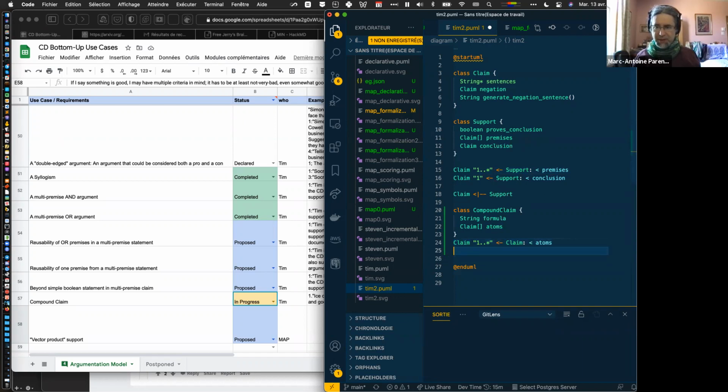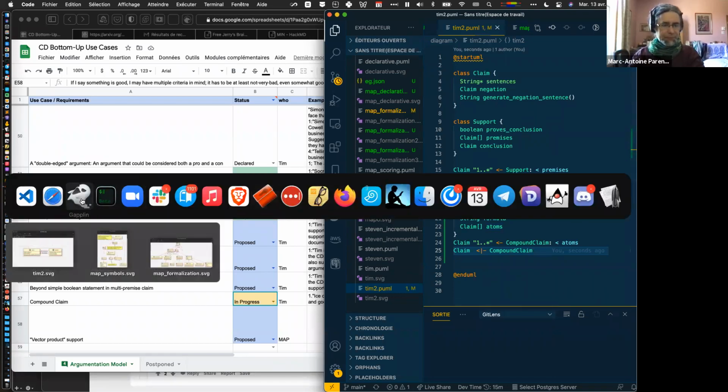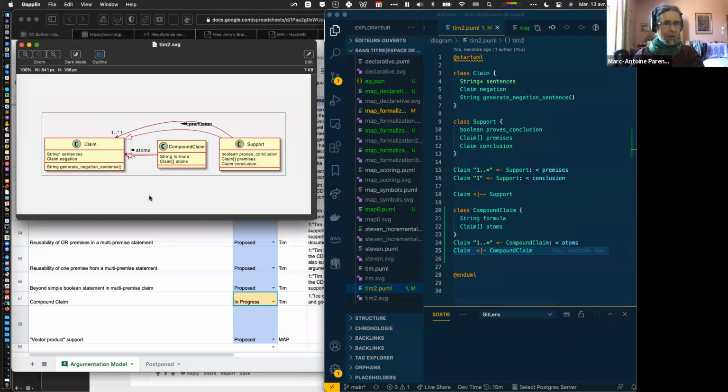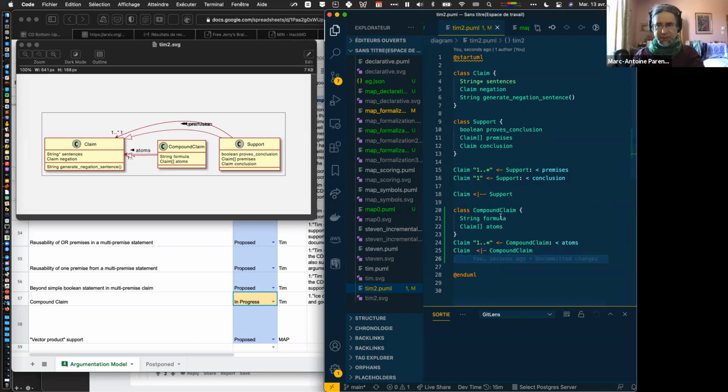And by the way, compound claim is also a subclass of claim. String formula, claim atoms, and actually in that case, we can have a single premise. Should I make that change? Are we clear enough on this that I'm making that change?